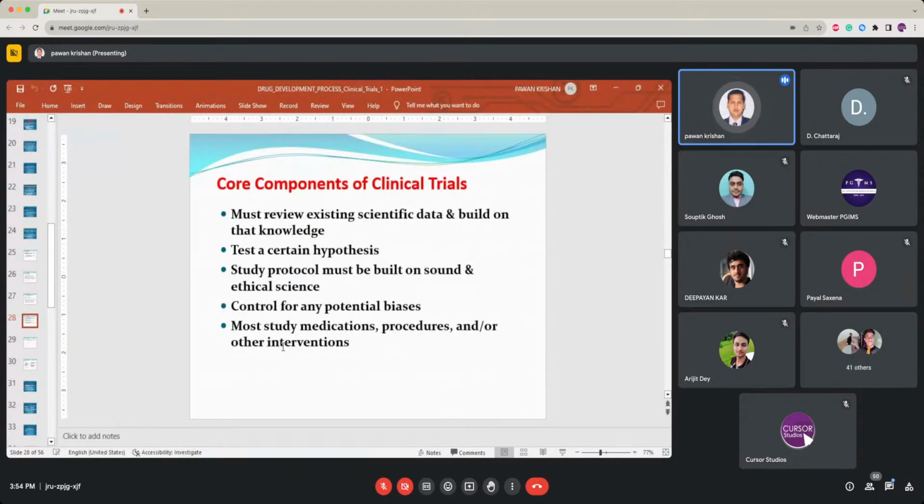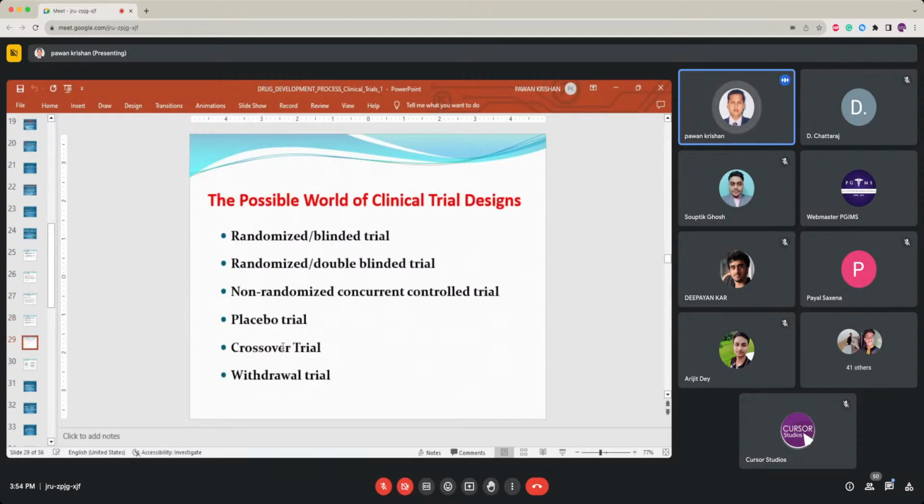So there should be steps and measures taken to control any potential bias, like randomization of the groups and blinding of the groups of patients and investigator or physician. They should be blinded. They should not know which drug is being given to which patient. Most study medications, procedures, and other interventions are required to be examined.